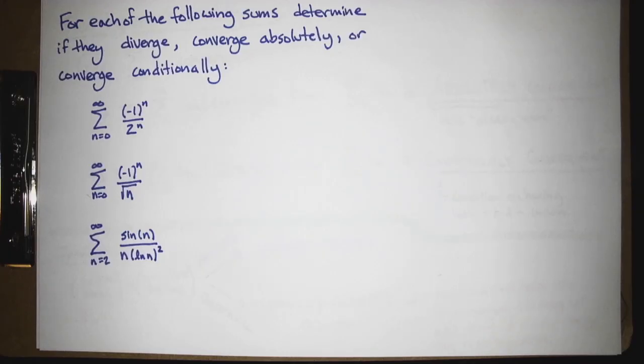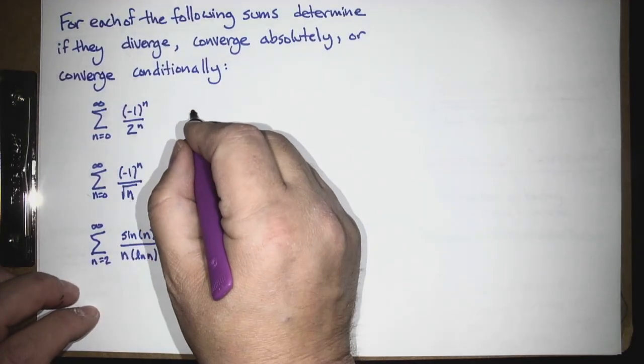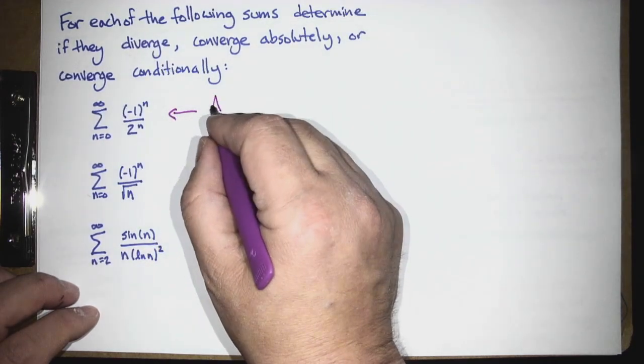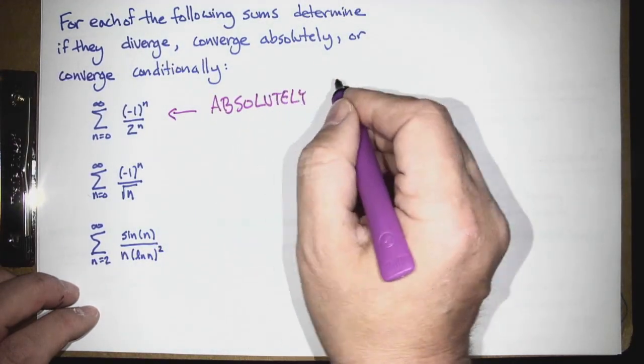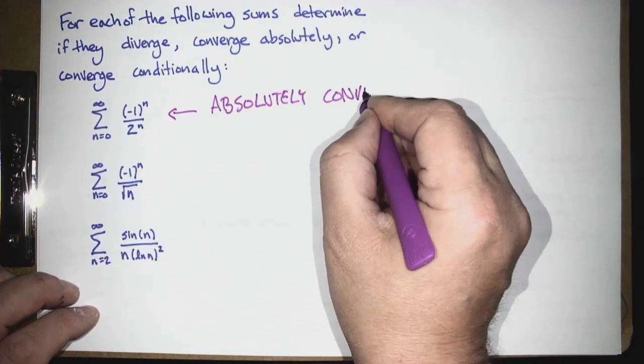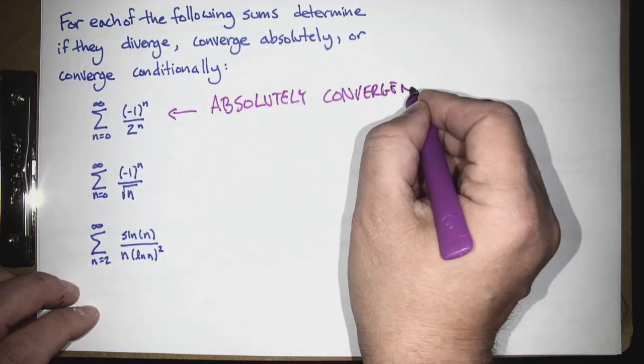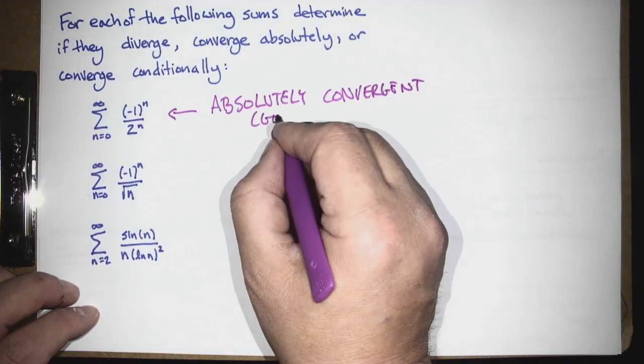If I get rid of the negatives, does 1 over 2 to the n converge or diverge? And how do we know? This is absolutely convergent because if you throw away the plus minus, what do you have left? It's a geometric series.